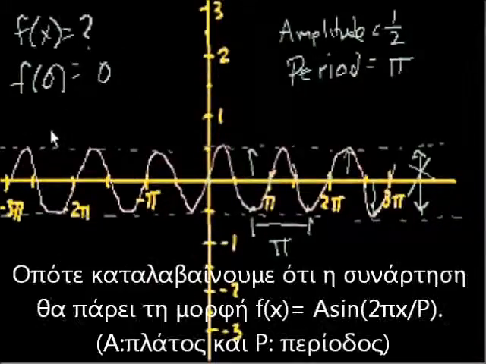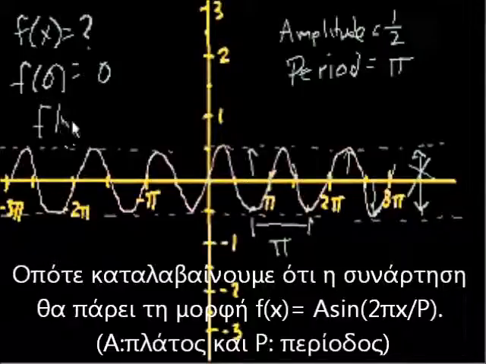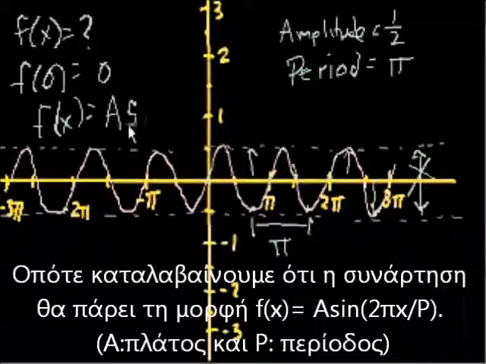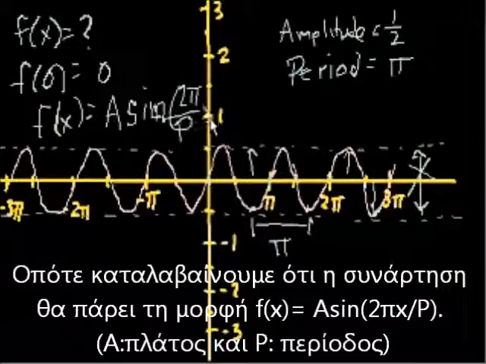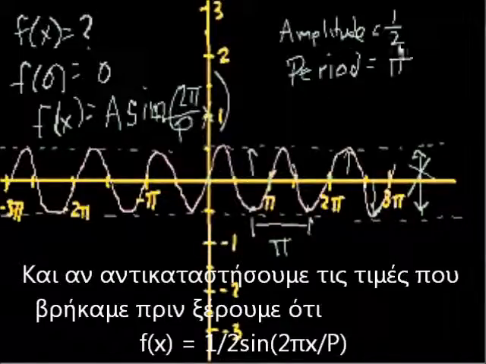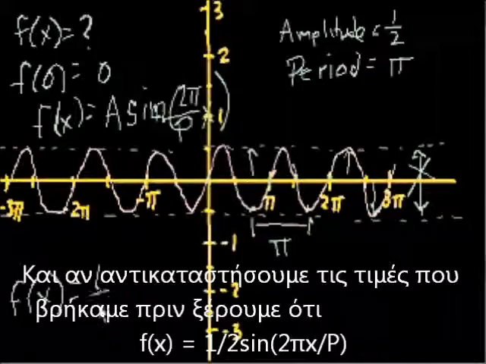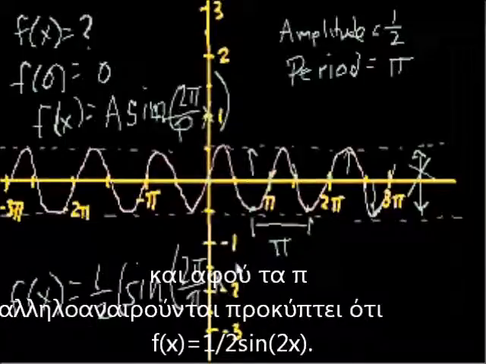So we know the formula is going to take the form f of x equals the amplitude times sine of 2 pi over the period times x. And if we substitute these numbers we just figured out, f of x is equal to 1/2 sine of 2 pi over pi x.